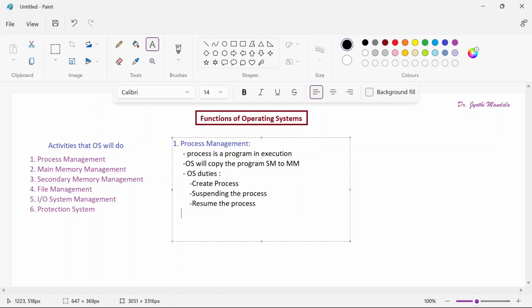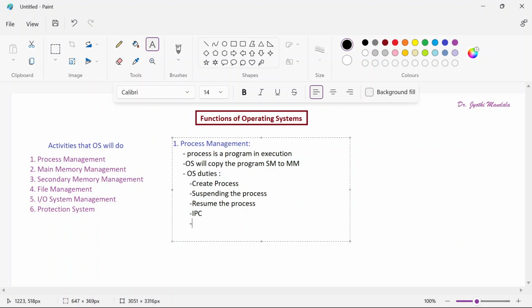And then let us consider one process wants to communicate with another process while executing. In that case we need inter-process communication, and that also will be taken care of by the operating system only. And handling synchronization: it is not the case that the CPU is always under the control of only one process.